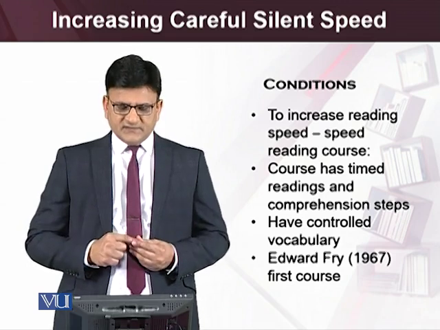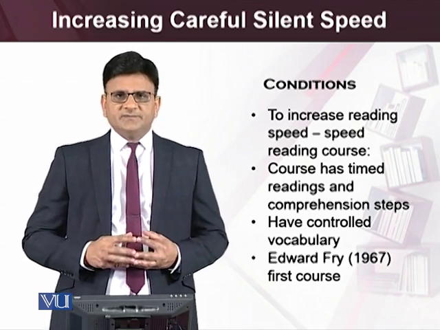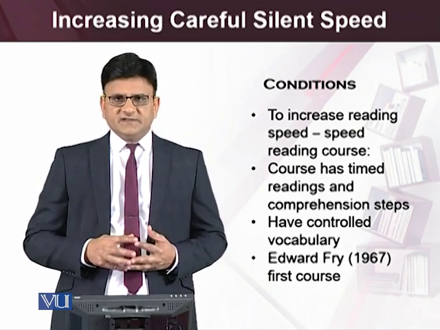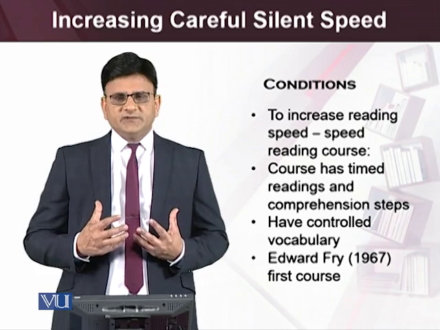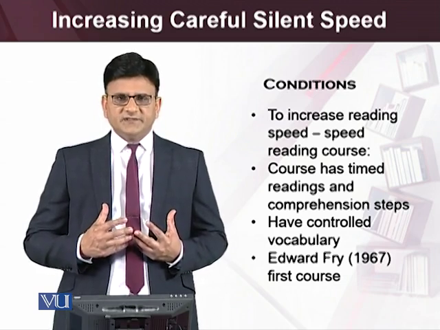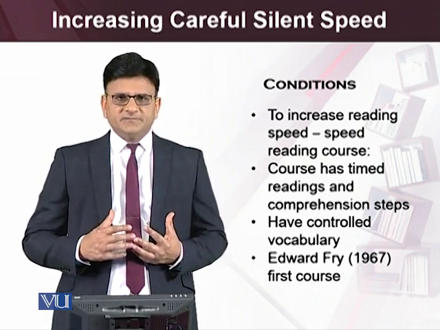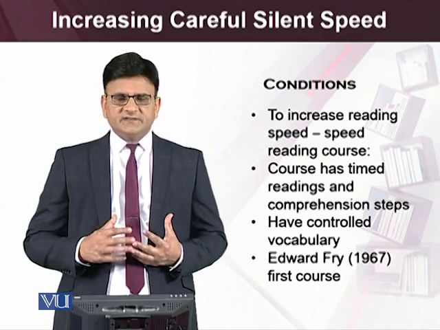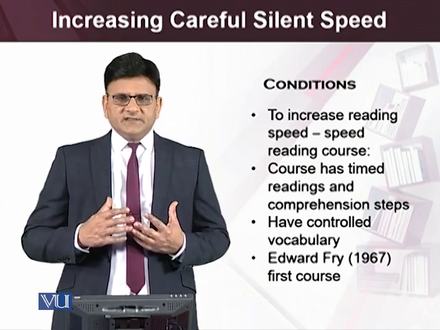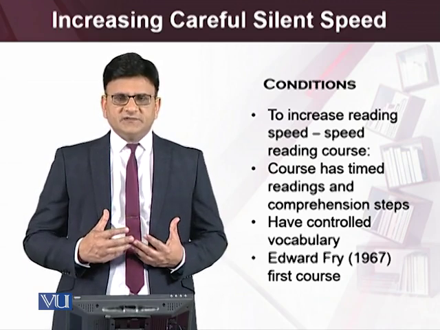In this regard, the research suggests there is evidence that we need to give controlled vocabulary to the students. By controlled vocabulary I mean that we don't bring in texts that give too many unknown or unseen words.